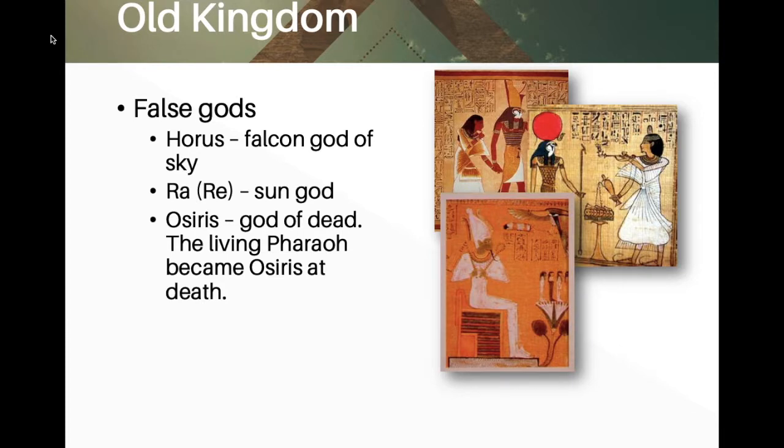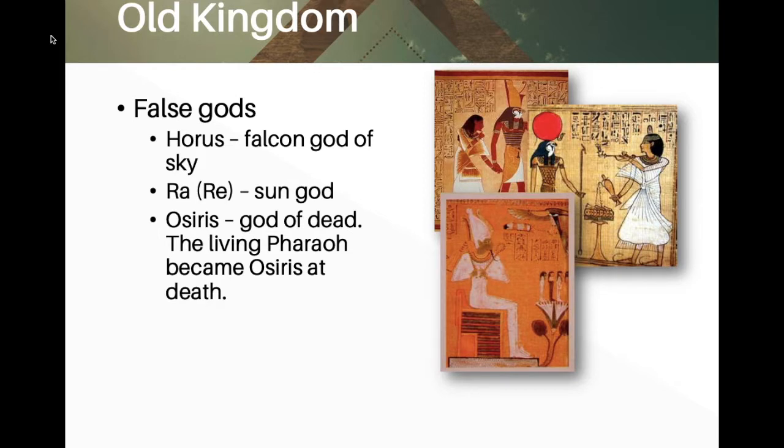All right, the next false god we're going to check out here is Osiris. Osiris is the god of the dead. Now, Osiris is unique because the living pharaoh, when they died, was believed to become Osiris at the time of their death. Osiris was known to have black-green skin, which symbolized the rebirth and resurrection from the dead into the afterlife as Osiris.